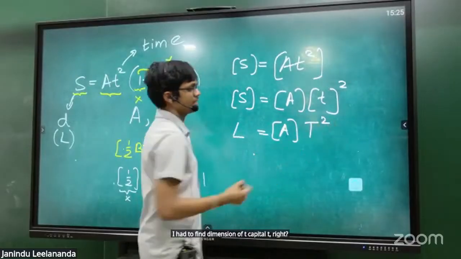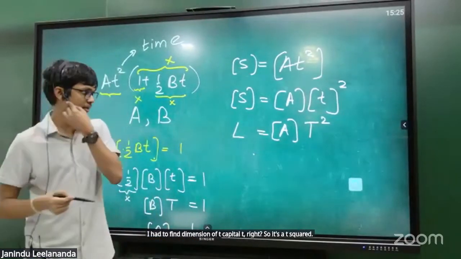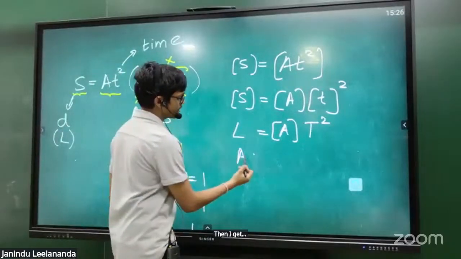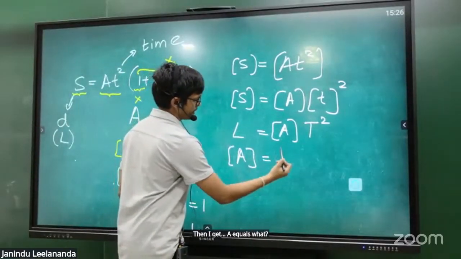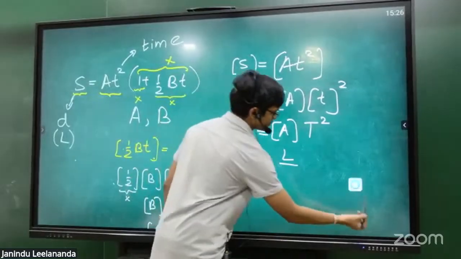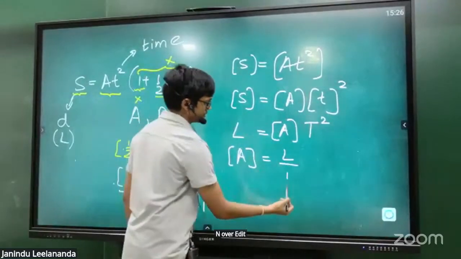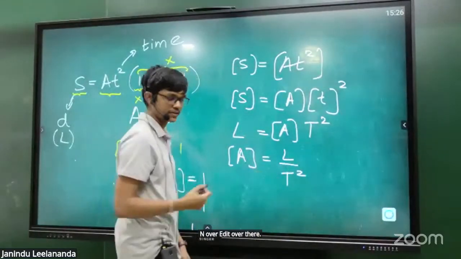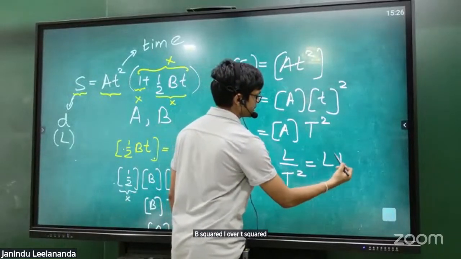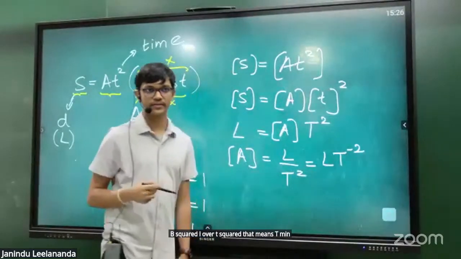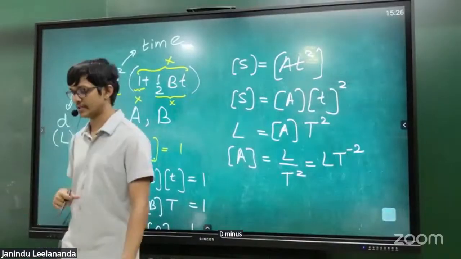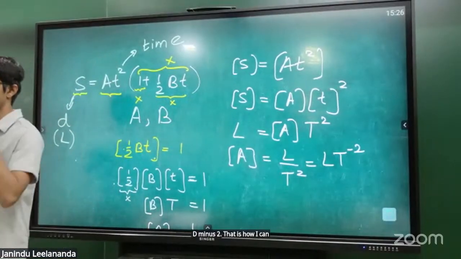So it's A T squared. Clear? Then A equals L over T squared. That means L T minus 2, right? L T minus 2. Clear? That's how I can get dimensions of A and B.